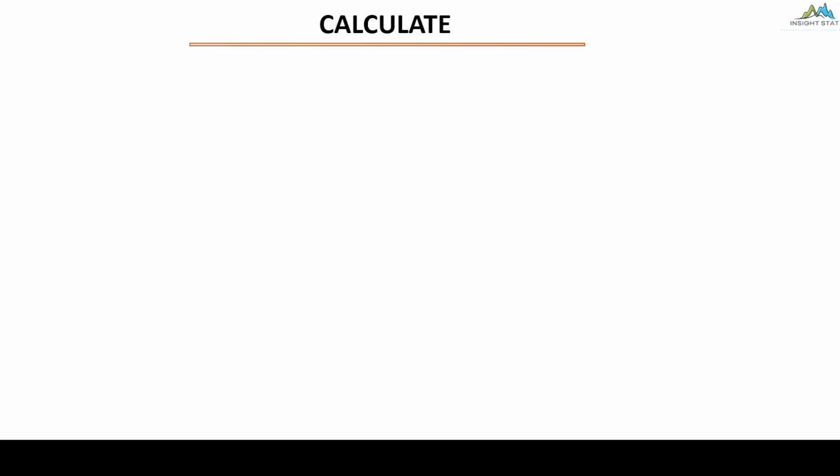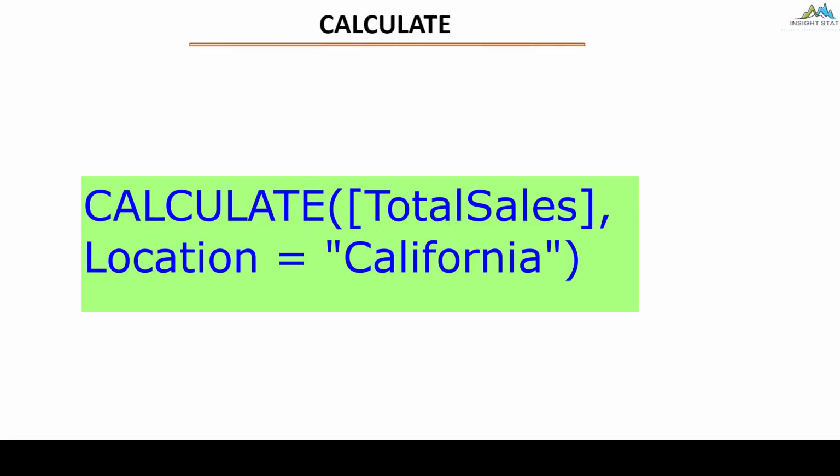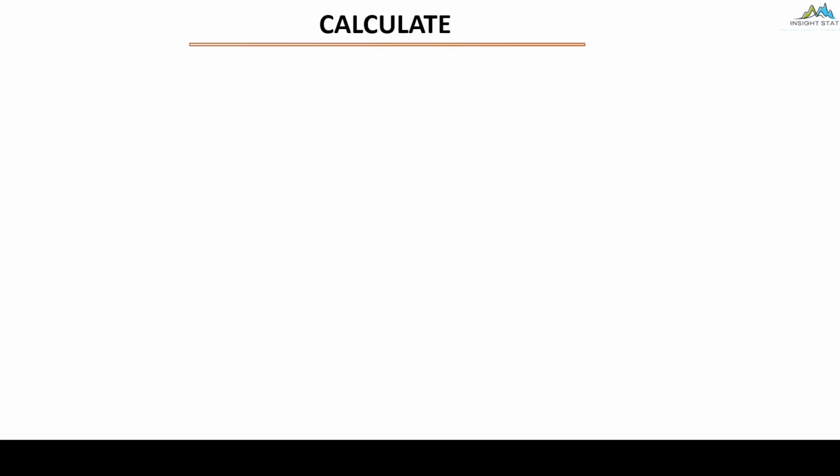When you use calculate, it lets you say: show me total sales, but only for stores that are in California. Or show me total sales, but only for the year 2023. So it modifies the normal calculation by applying filters.